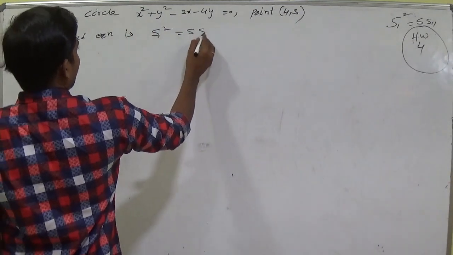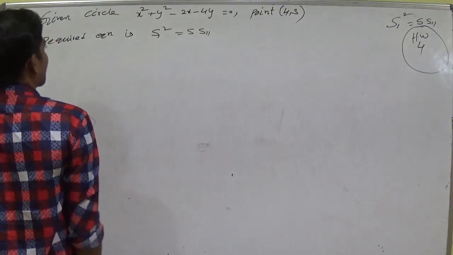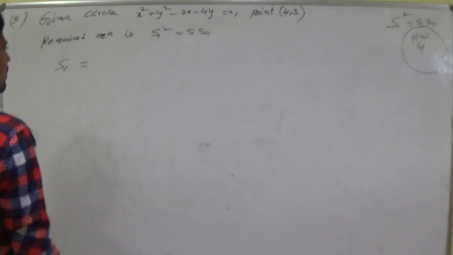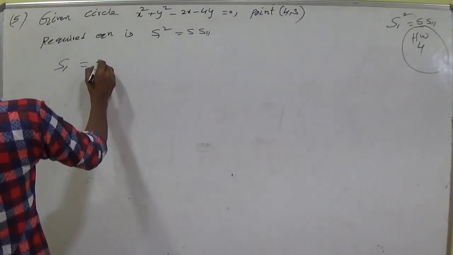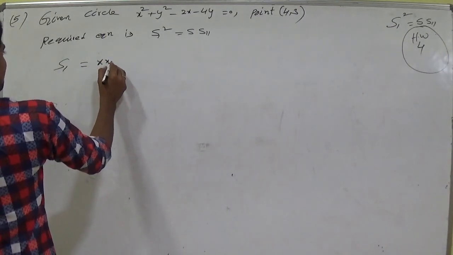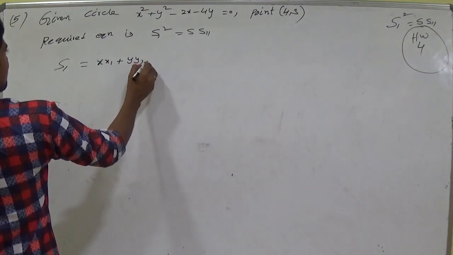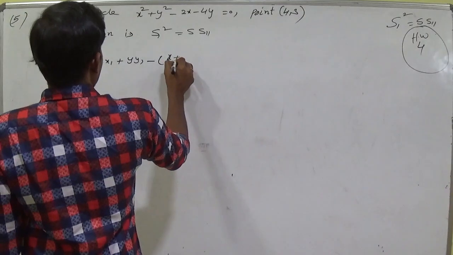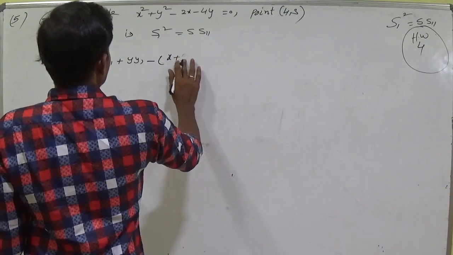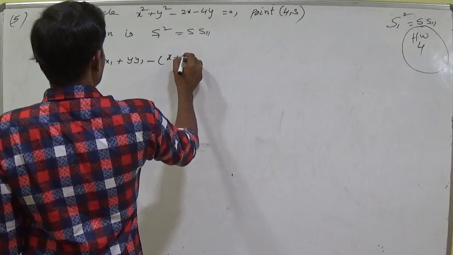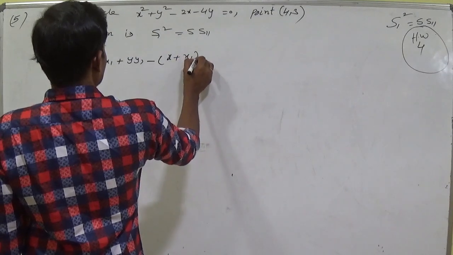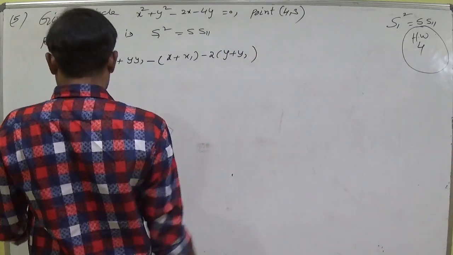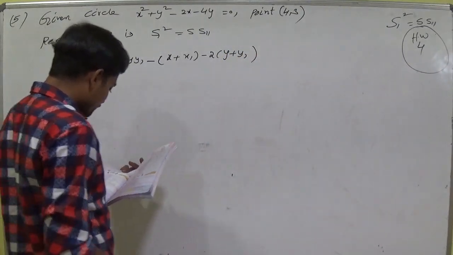S1 square equal to S into S11. S1 equals xx1 plus yy1 minus (x plus x1) minus 2 into (y plus y1) equal to 0.